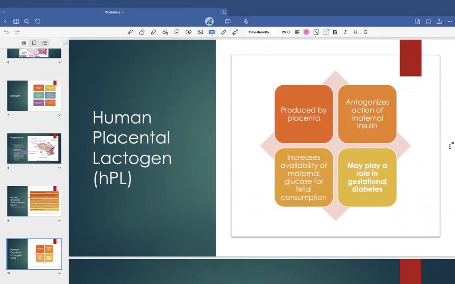It antagonizes, or interferes with, the action of insulin in the mother's body, which is why it may play a role in gestational diabetes. HPL and gestational diabetes, maternal insulin level, nutrition for the baby.